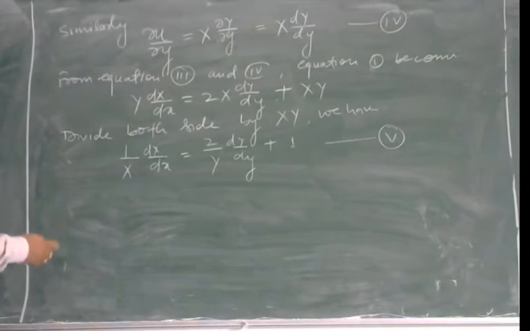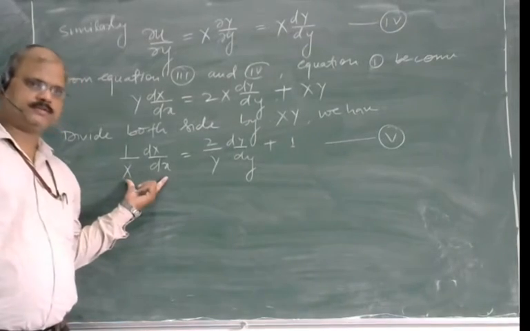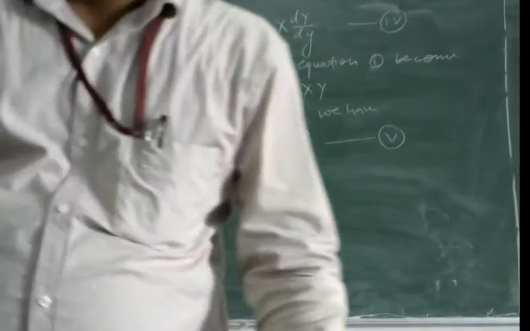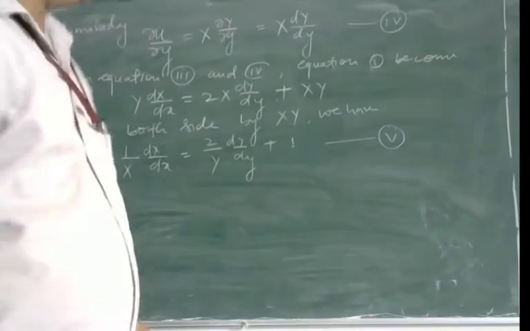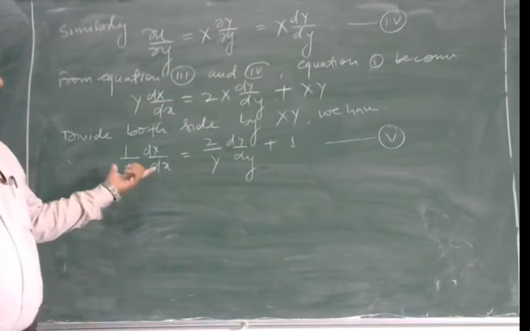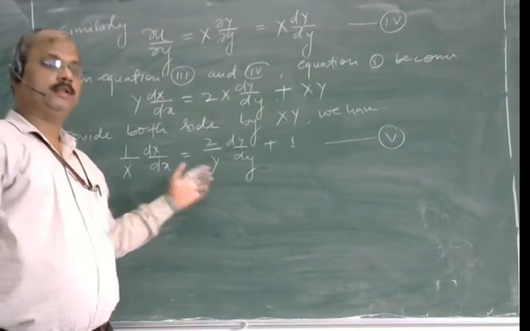Just see here, LHS is a function of small x and RHS is a function of small y. This is possible only when both are different variables and both are equal.